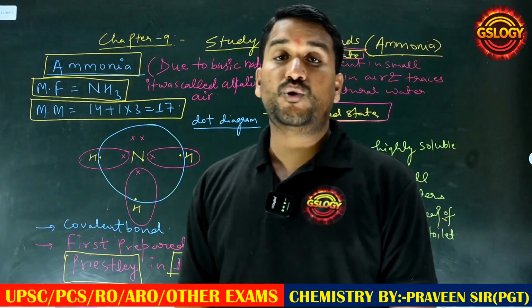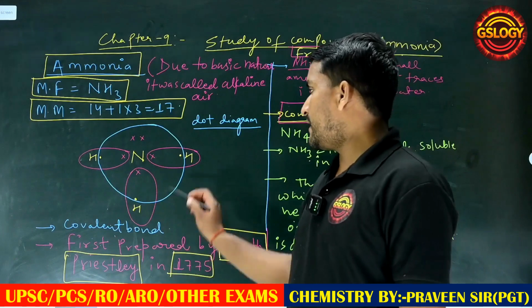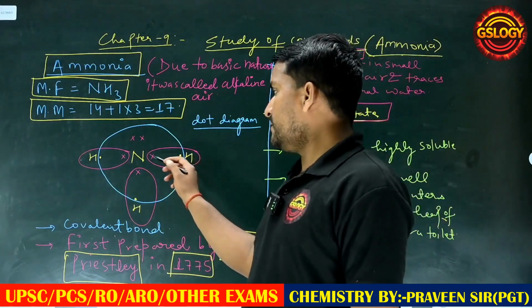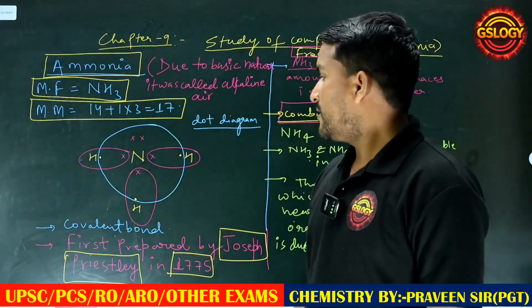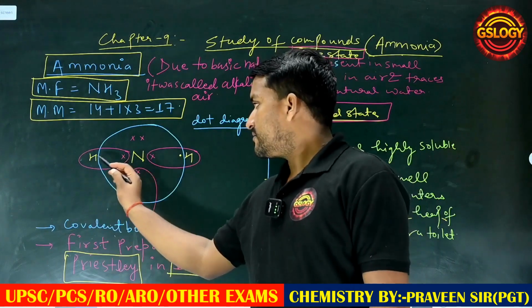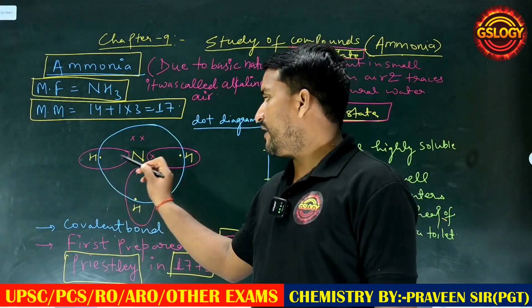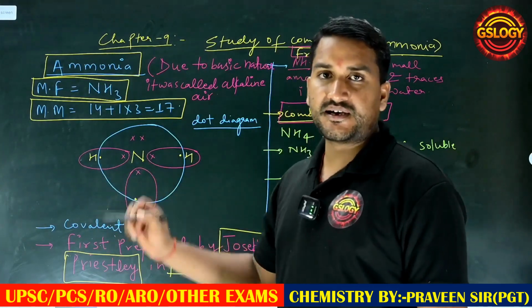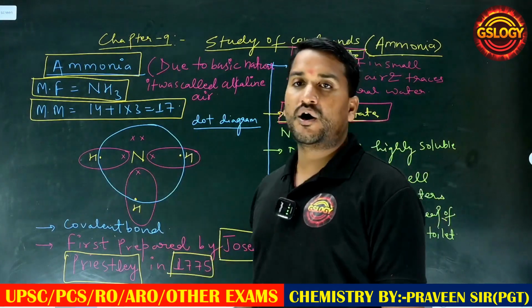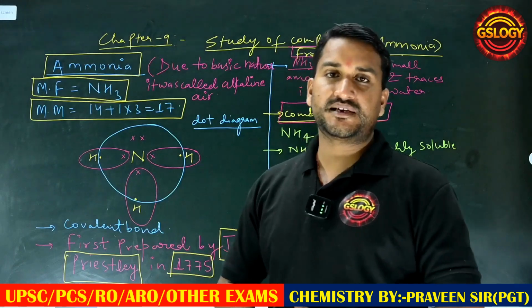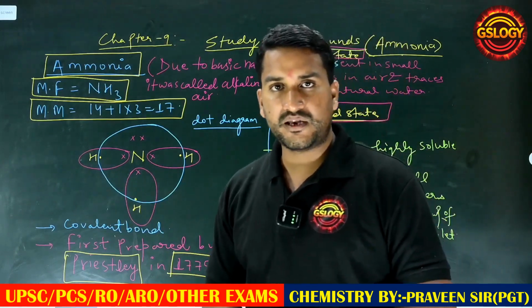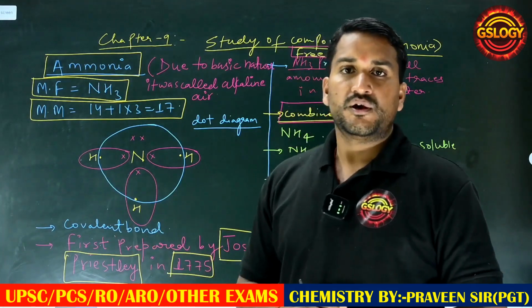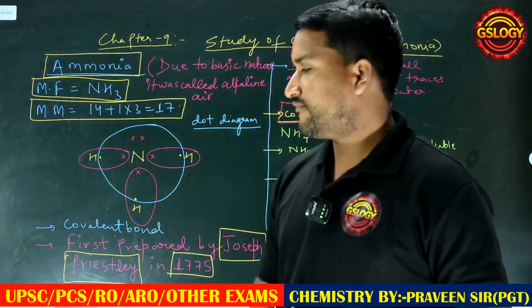attached by covalent bonds, with a single electron shared by the hydrogen and the nitrogen, and hydrogen completes its duplet, whereas the nitrogen completes its octet. This is the electron dot or Lewis dot structure of the ammonia molecule. Clear everyone? And in the ammonia molecule, covalent bonds are found.